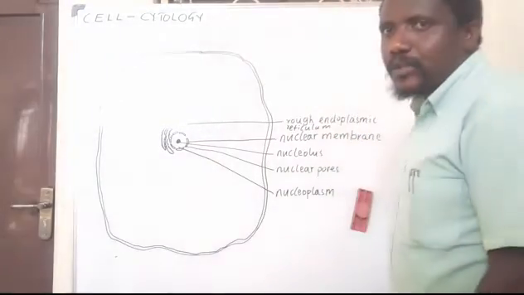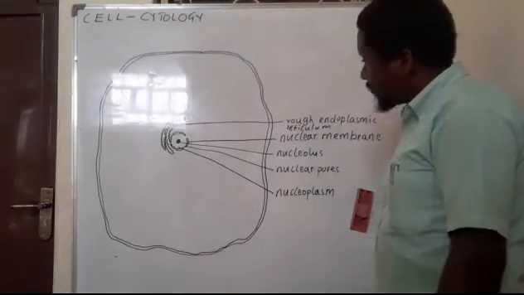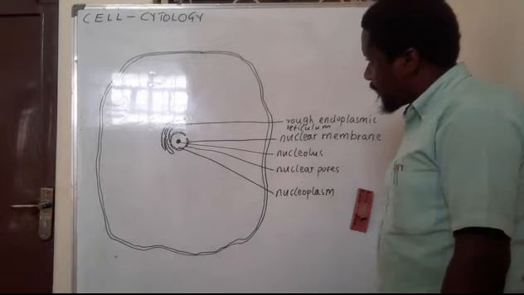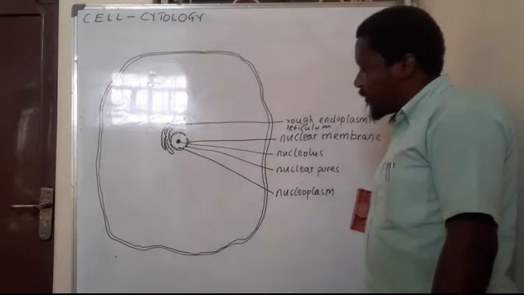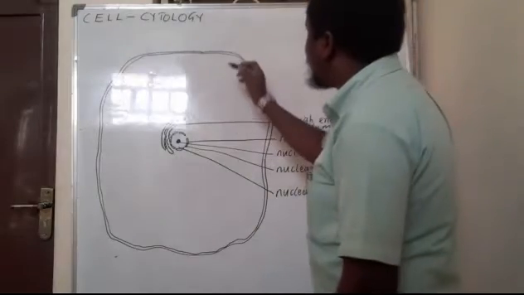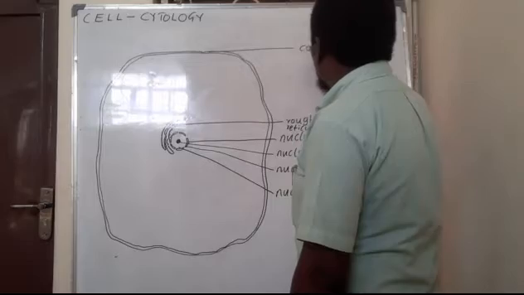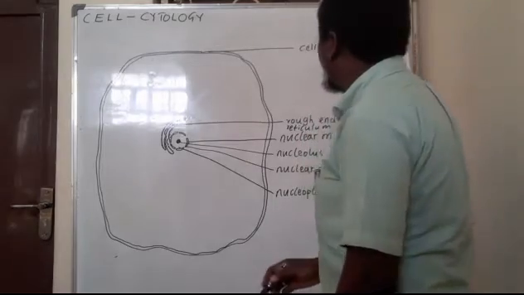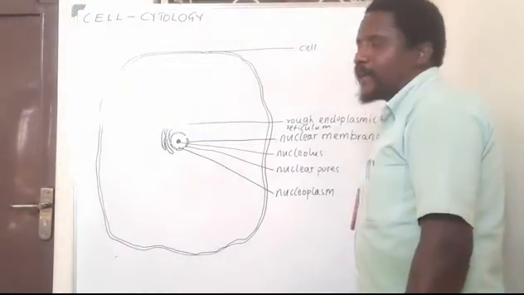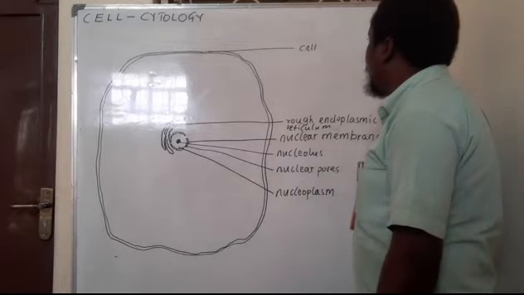This is the cell membrane, which seems to be a membrane containing two layers.